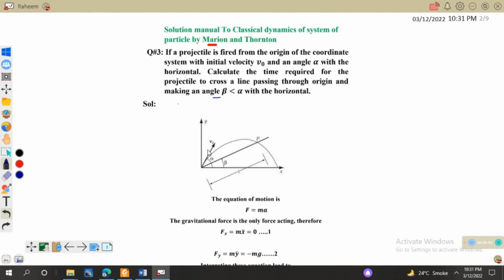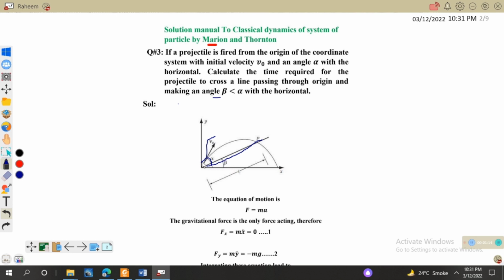First we observe that we have projected a projectile with velocity v, which is making an angle alpha with the x-axis. This projectile cuts this straight line, which is making angle beta with the horizontal axis, at 2 points.